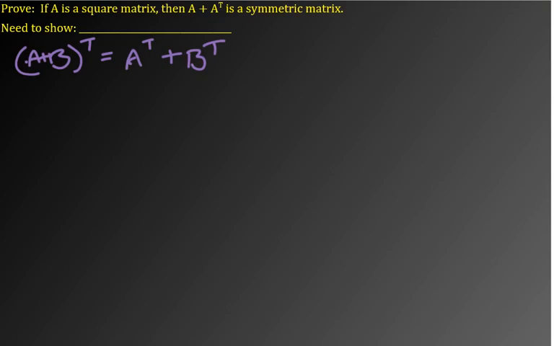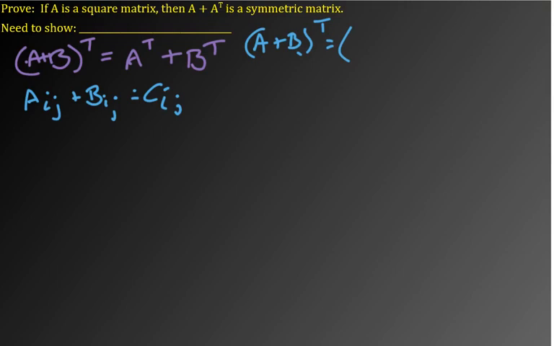So I'm going to define Aij plus Bij as Cij. I'm just saying the sum of those is C, basically. And then if I do A plus B transpose, this is going to equal Aij plus Bij transpose, which equals Cij transpose, right? The sum of A and B is C, and then the transpose just flips that order around.